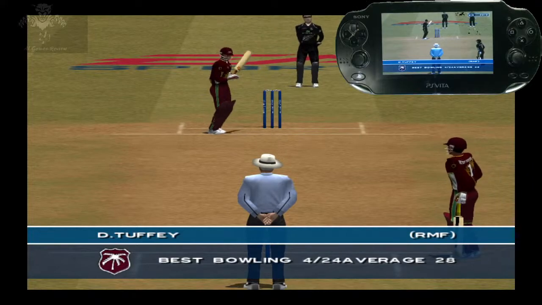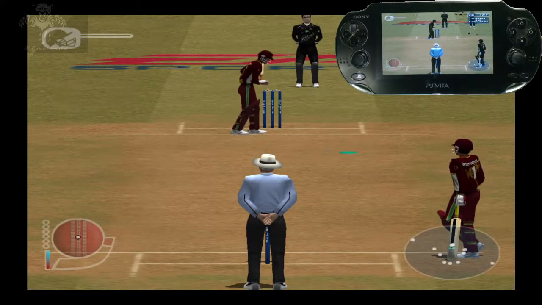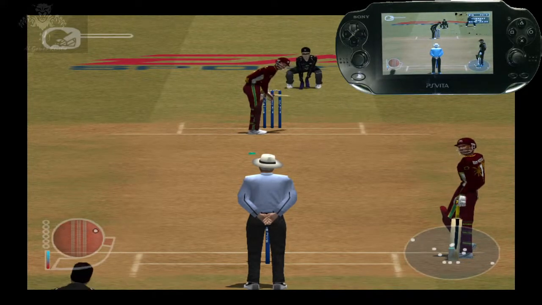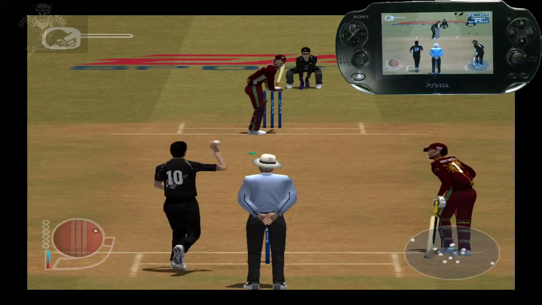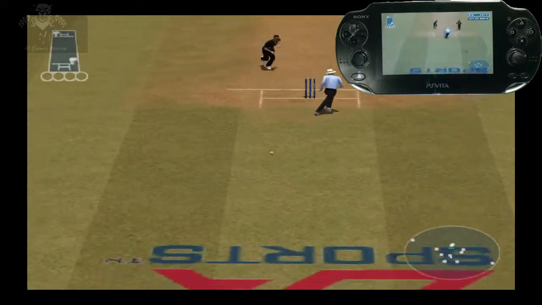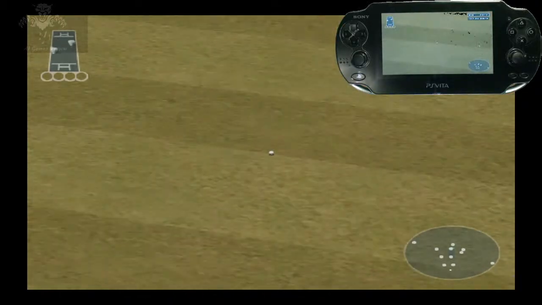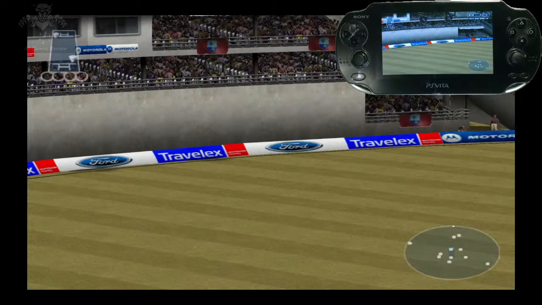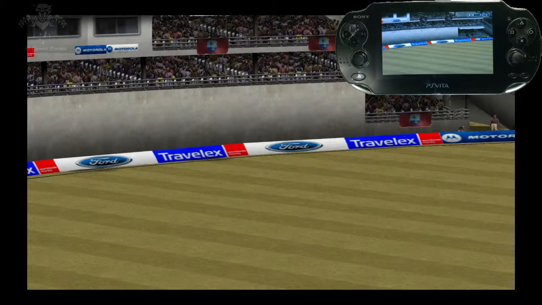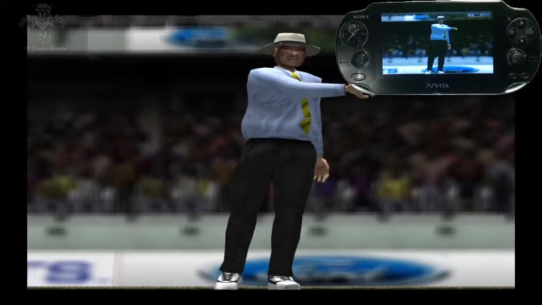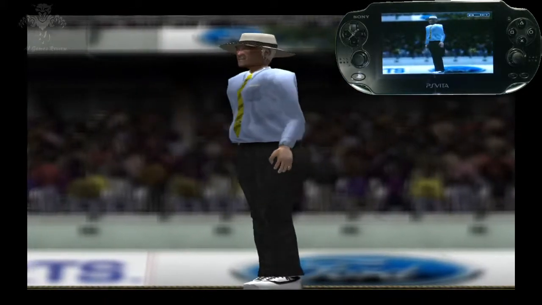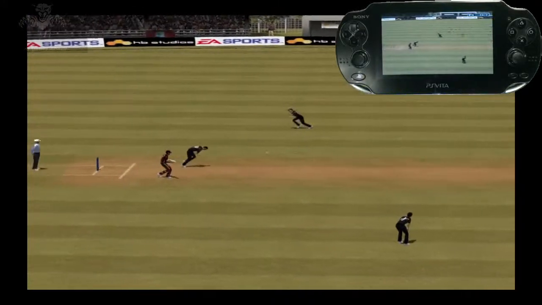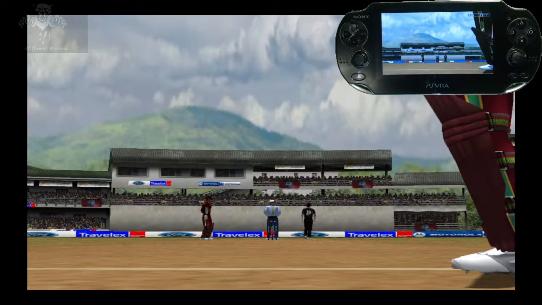Hines facing. Great shot by Hines. Played with a beautiful straight bat. That was good batting. He picked his spot, didn't try to smash it, just stroked it through the gap. The total is now 36.